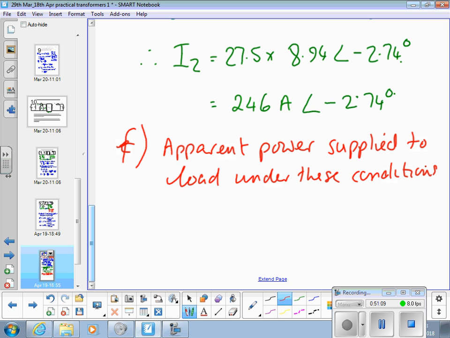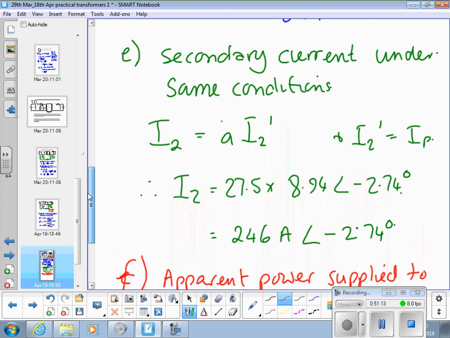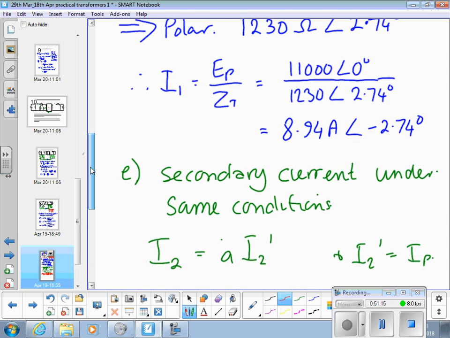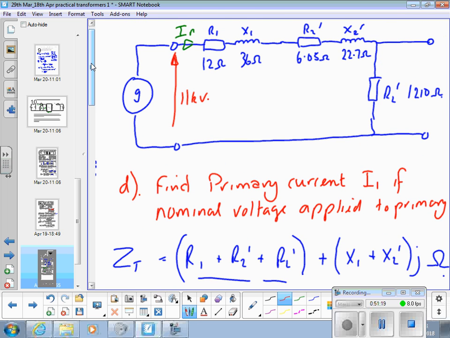Looking at the diagram, we now know we want to know the S associated with that component.